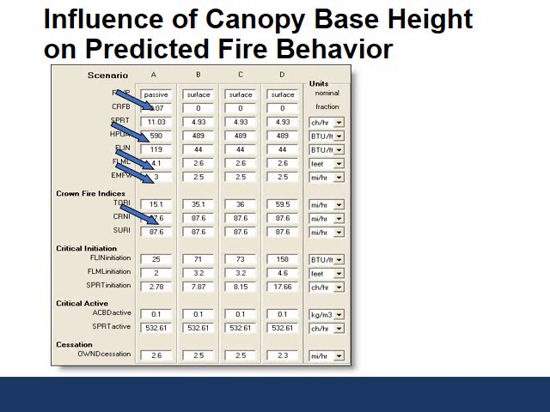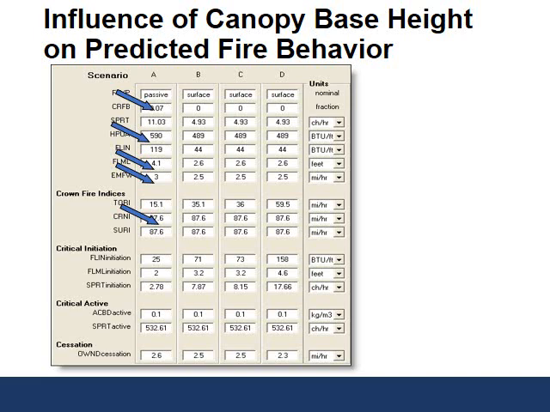The first difference you will notice is that Scenario A is predicted to have a passive crown fire, while the other 3 scenarios were predicted to have a surface fire. Due to this, the surface fire spread rate, fireline intensity, and flame lengths were all predicted to be higher for this scenario. In addition, the torching index was lower in Scenario A compared to the other scenarios.